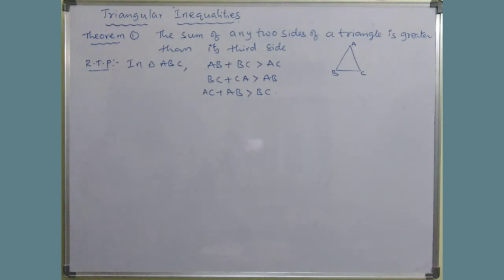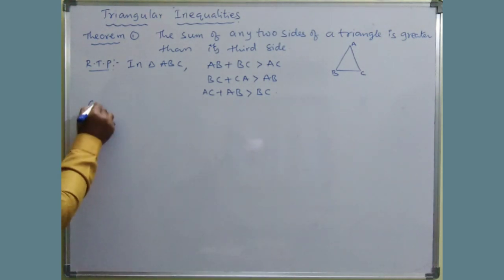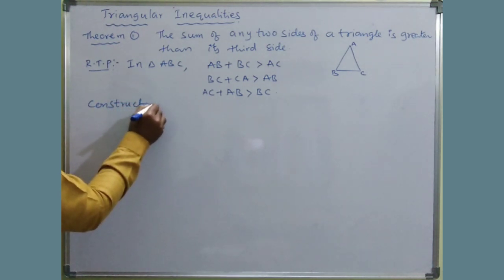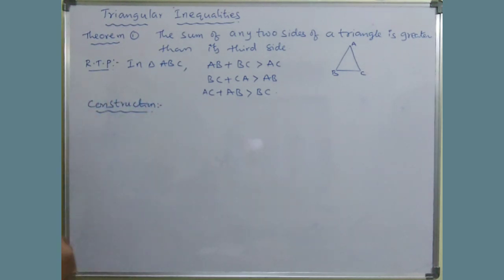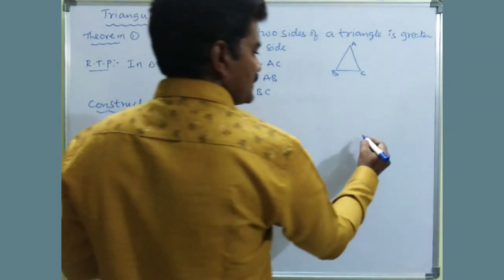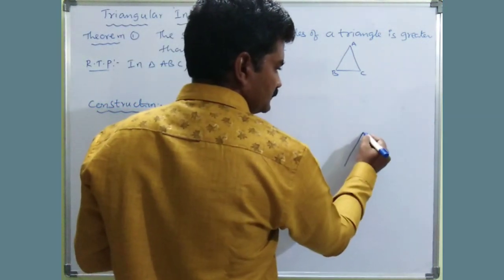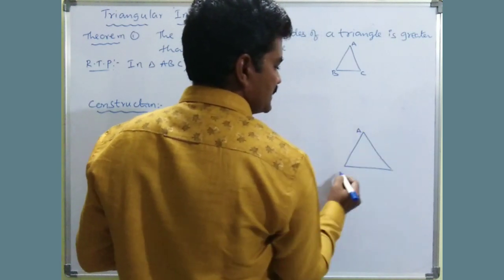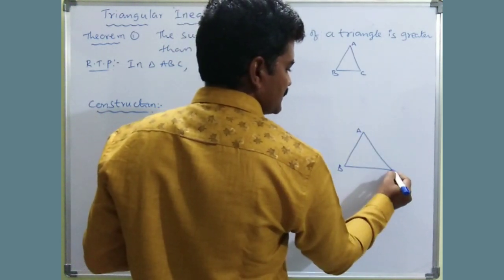Okay. So for this construction, let me draw once again this triangle. So suppose this is the triangle ABC.